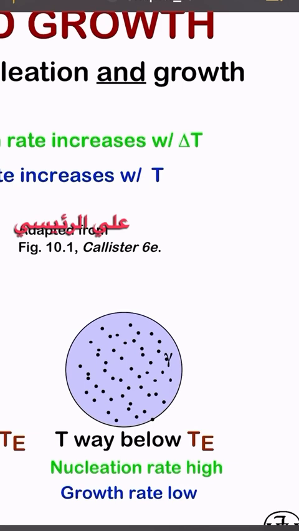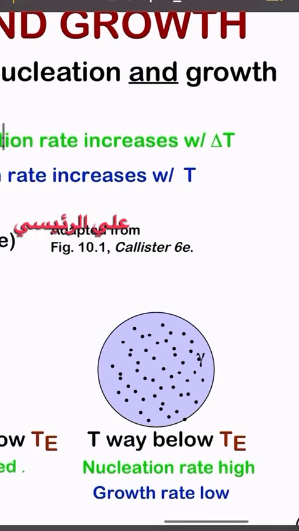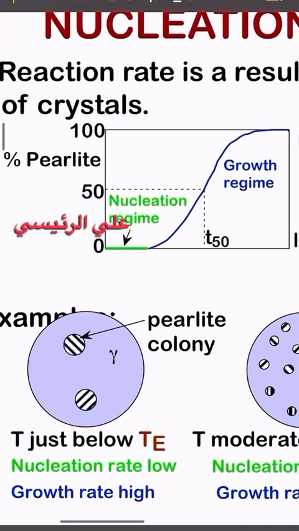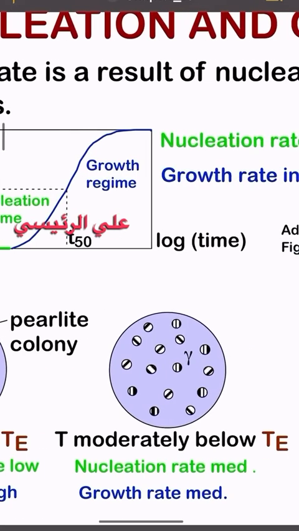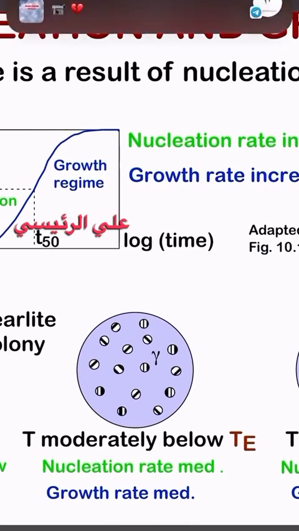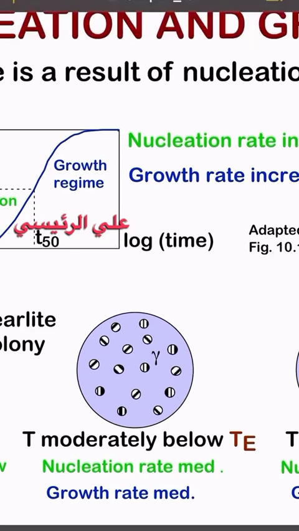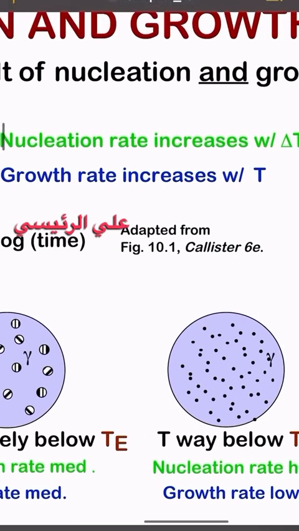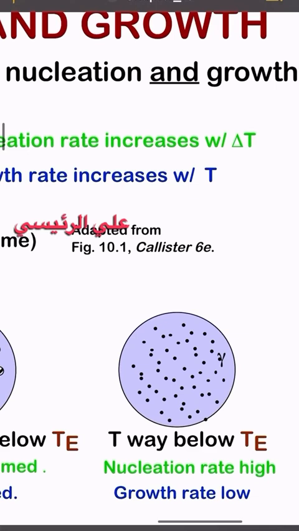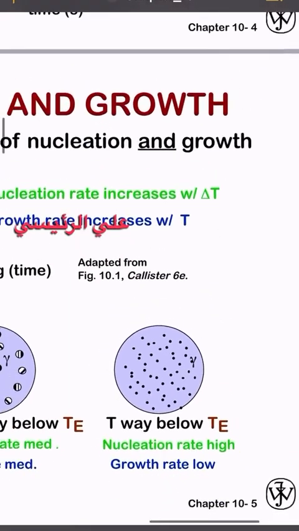If you are near the high temperature, you will see circle 1. With medium temperature, you will see a different case, as you see in the middle circle. And the last one, when you go well below, this is what you will see.